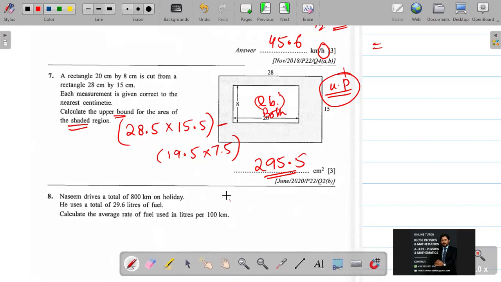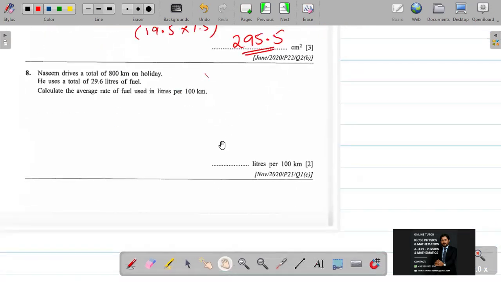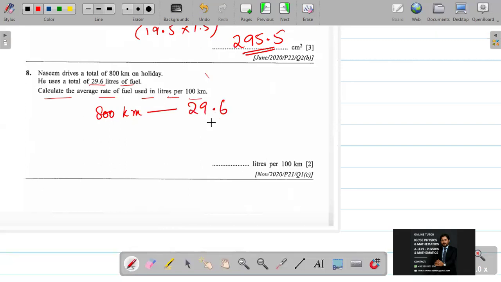Let's move to question number 8, where he is saying Naseem drives a total of 800 kilometers on holiday. He uses a total of 29.6 liters of fuel. Calculate the average rate of fuel use in liters per 100 kilometers. For 800 kilometers, he used 29.6 liters.